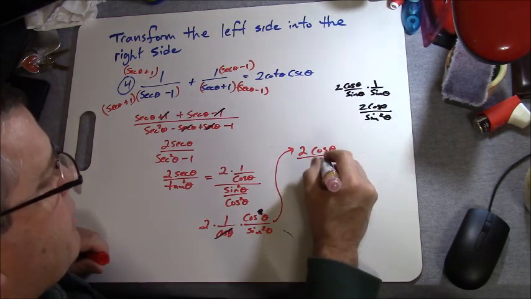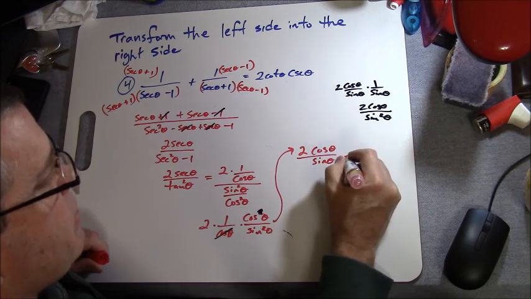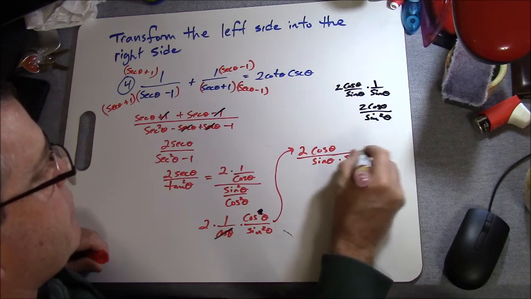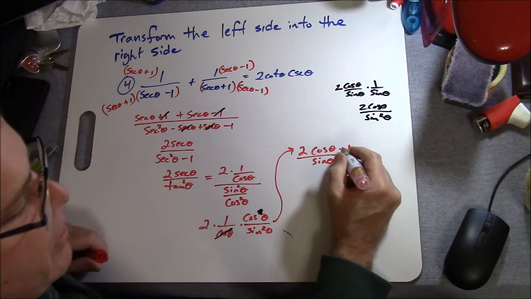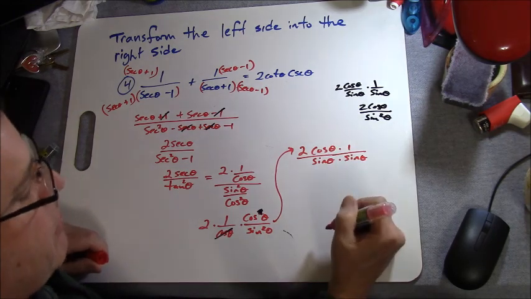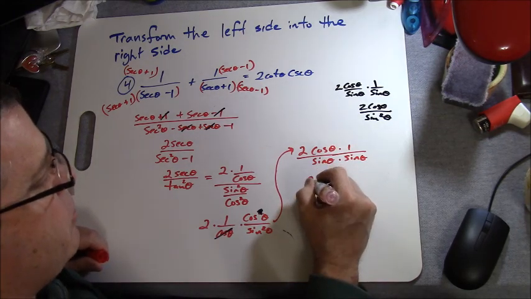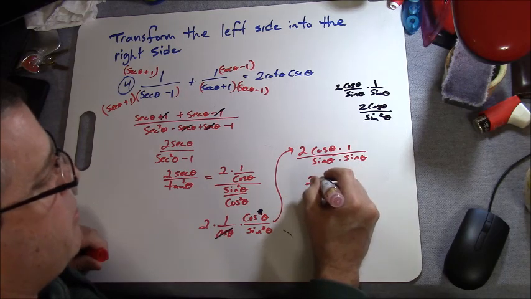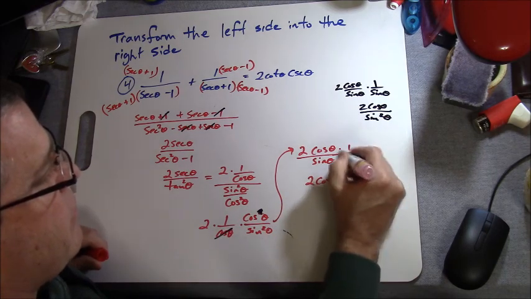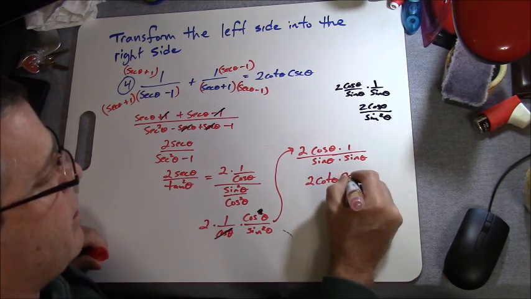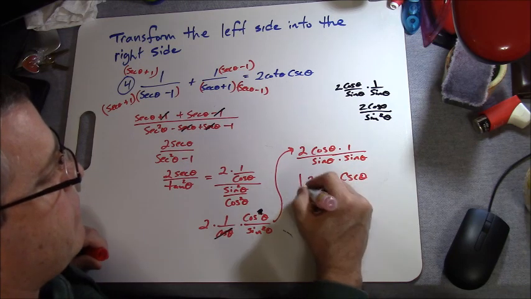So I'm going to write sine theta times sine theta. And then we'll just put a 1 there because when you multiply by 1, you still get the same thing. And there it is, 2. This right here is a cotangent of theta. This right here is a cosecant of theta.